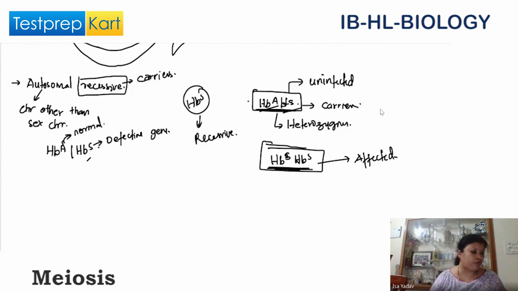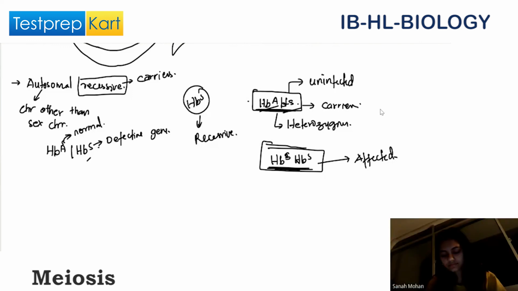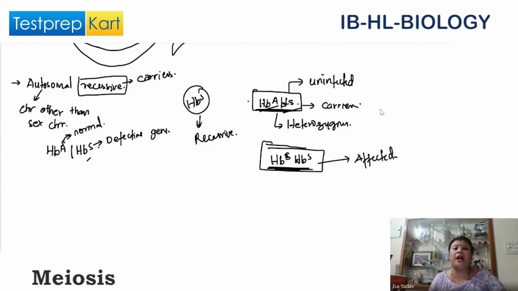Next. When we are talking about chromosomes, we know that chromosomes are the carrier of genetic material. Chromosomes carry genetic information.